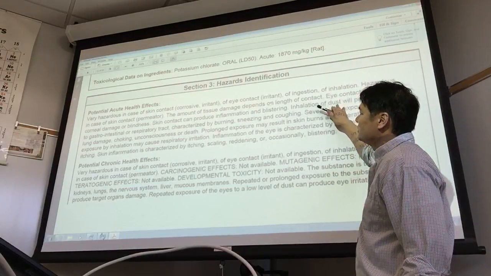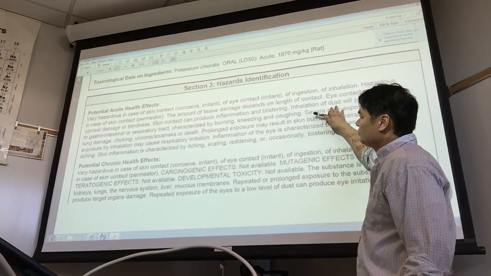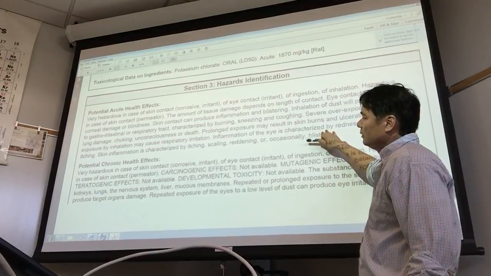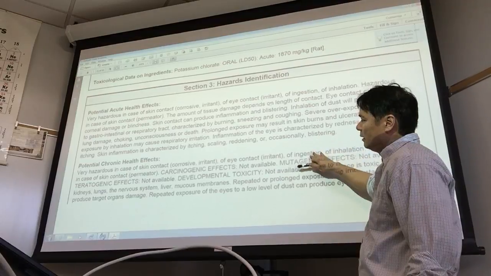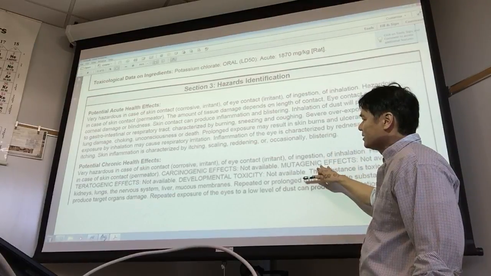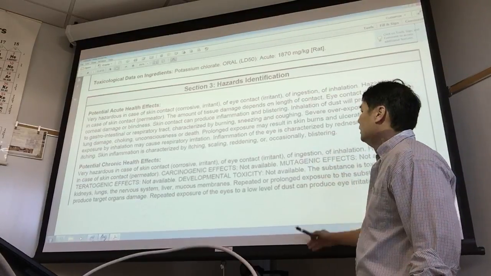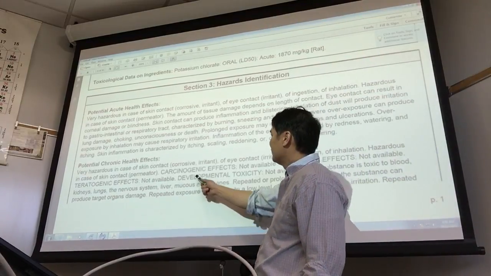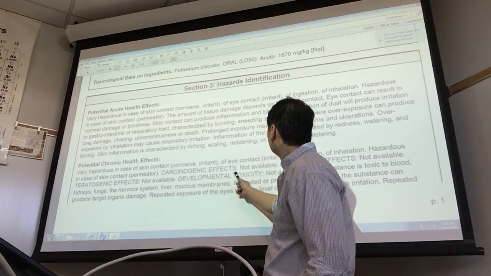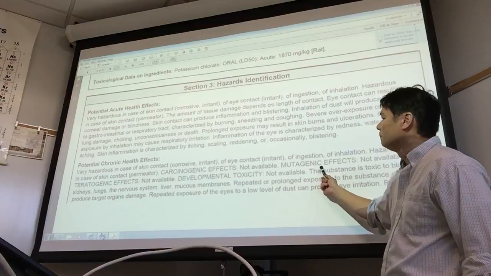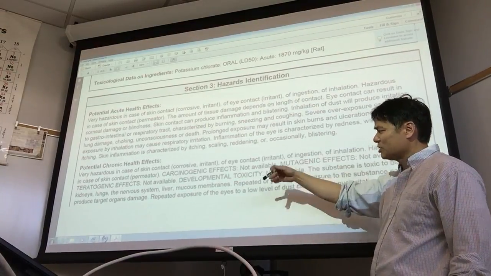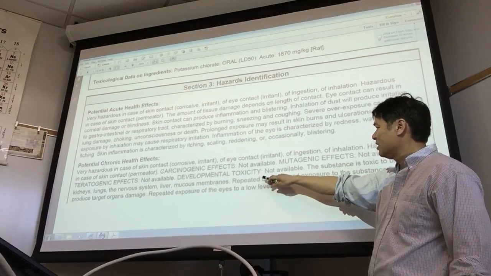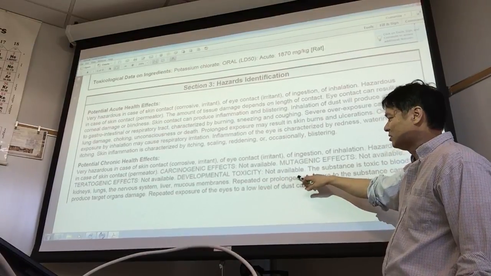So before lab, read through the potential acute health effects here, potential chronic health effects here. Chronic health effects would be carcinogenic, mutagenic, teratogenic. Teratogenic is birth defects, developmental toxicity.